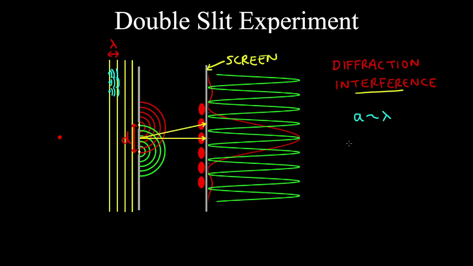Recall for a single slit, the distance to a minimum, which is a point of destructive interference, was equal to the index of the minimum times the wavelength of light times the distance to the screen over the width of the slit.